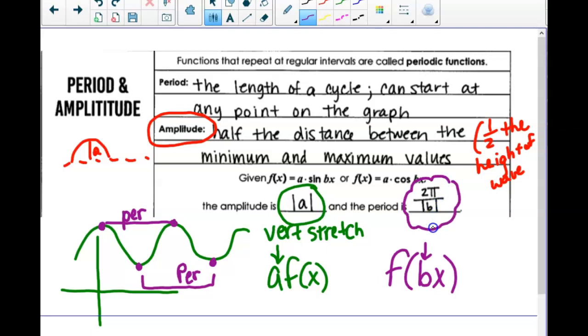We're not going to deal with negative b's, so don't worry about negatives in there, okay? But to find a new period, you're going to take 2 pi divided by whatever the b value is in the function. And that comes from bx. So it could be sine or cosine here.